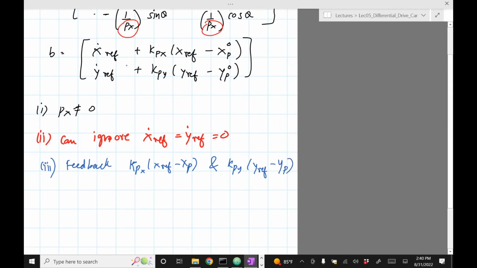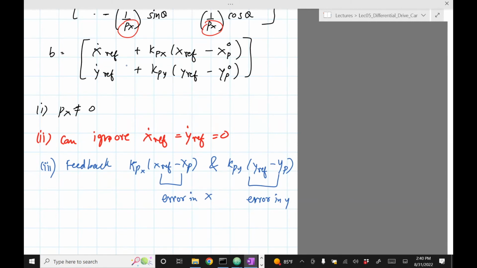So what feedback does is it figures out some error metric, right? In this case, the error is how close xref is to xp, the error in x, and this is the error in y. And it's saying that you want to keep that error as small as possible.